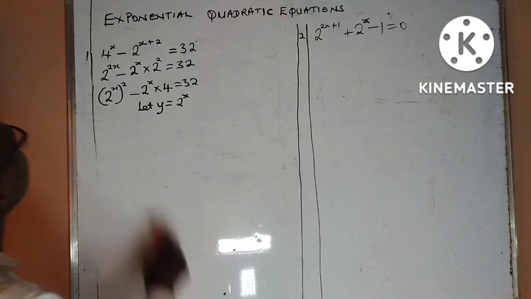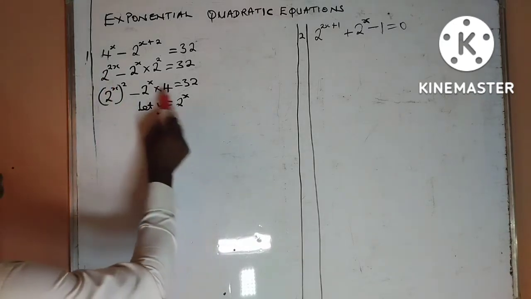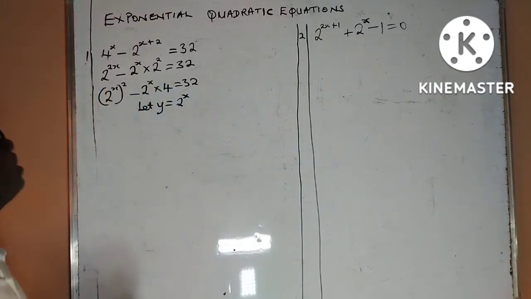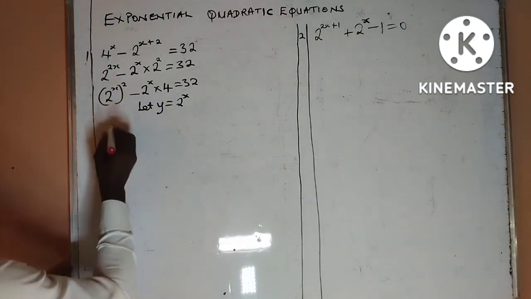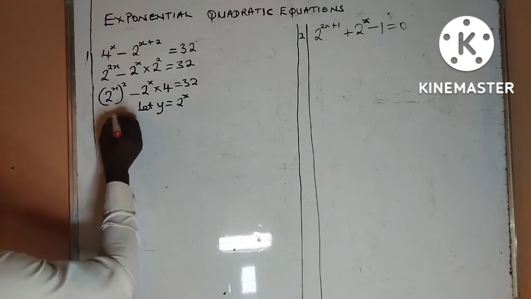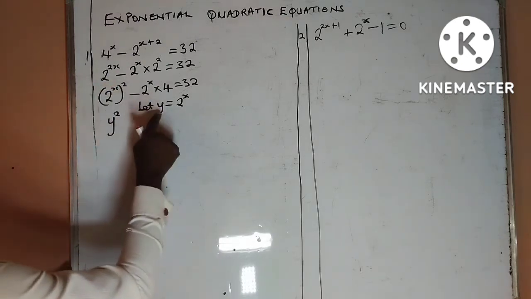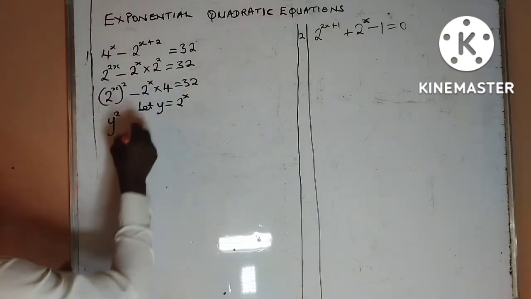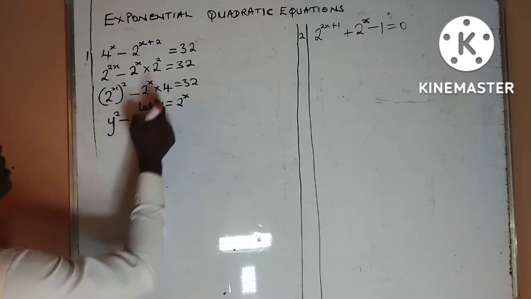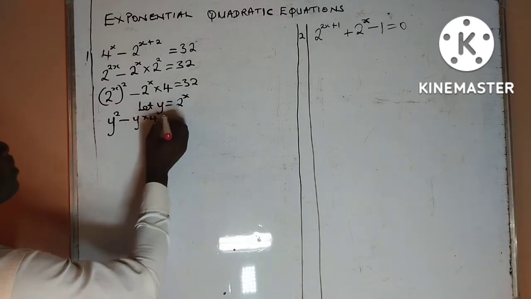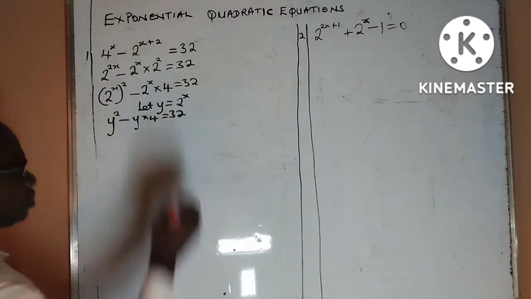So I have 2 raised to the power x here, and also here. This implies that 2 raised to the power x here will give me y raised to the power 2. Then minus 2 raised to the power x, which is y multiplied by 4, equal to 32.